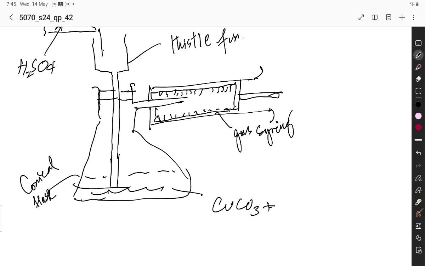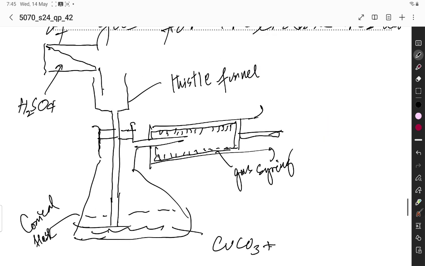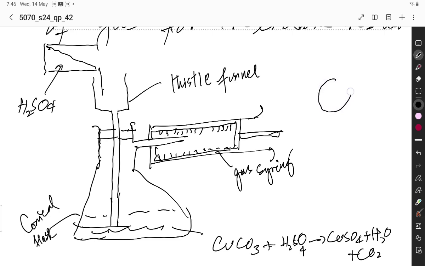We use the thistle funnel to add sulfuric acid to ensure that no gas escapes from the conical flask. Copper carbonate plus sulfuric acid forms copper sulfate plus water plus CO2, and carbon dioxide is collected in the gas syringe. You should also draw the stopwatch.